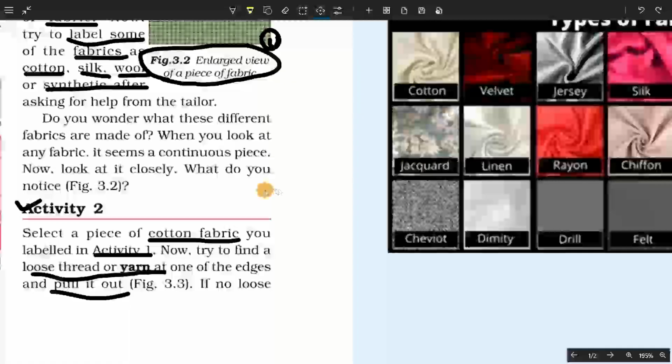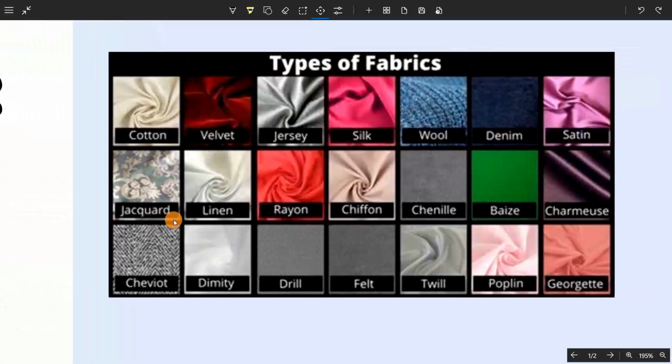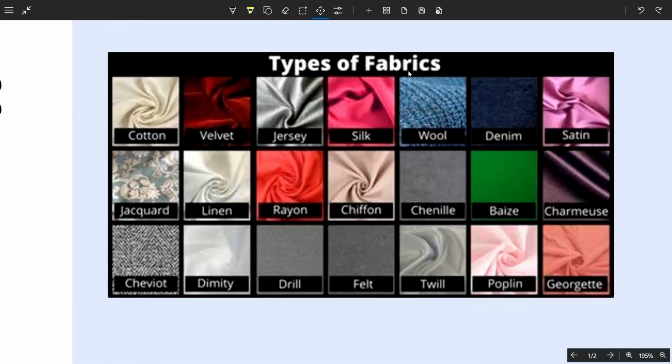Okay, these are the different types of fabrics. I have noted here some of the fabrics. I have listed some of the cloths like cotton, velvet, jersey, silk, wool, denim, satin, jacquard, linen, rayon, chiffon, chenille, baize, chemisette, chiot, dimity, drill, felt, twill, poplin and georgette.